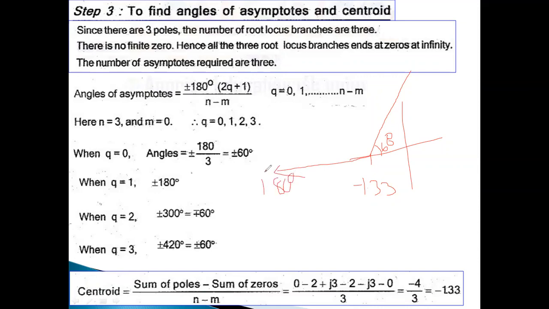The third asymptote is at minus 60 degrees, so definitely you will get a mirror image. So you will get the 3 asymptotes, from the first pole, second pole, third pole. These are the 3 asymptotes and the centroid. This was the third step. Any doubts up to these 3 steps?